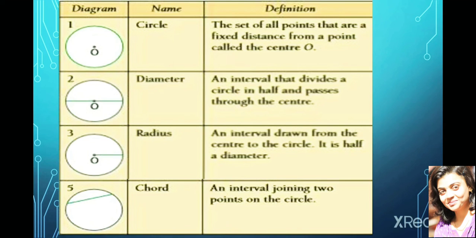That is diameter. Now the next is radius. The definition of radius is an interval drawn from the center to the circle. It is half a diameter. Then the next is chord. An interval joining 2 points on the circle is a chord.